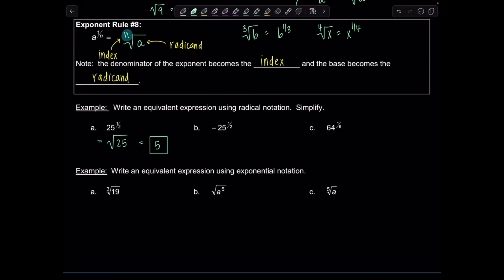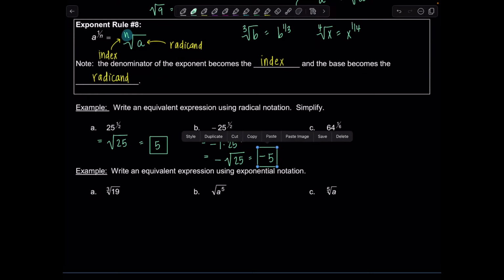Not plus or minus 5, just 5. Now, negative 25 to the 1/2. I want you to notice this negative sign is not in parentheses with the 25, so it's not going to go underneath the radical. It's going to stay outside. It's like a -1 times 25 to the 1/2. So that's just -1 times the square root of 25, which is -5.